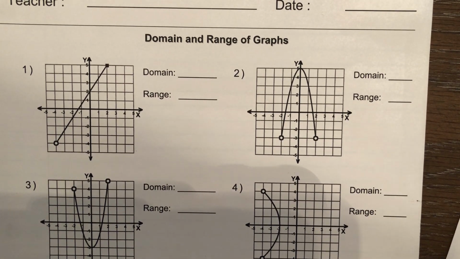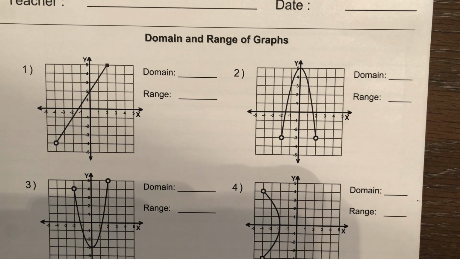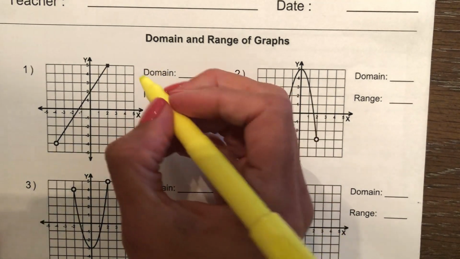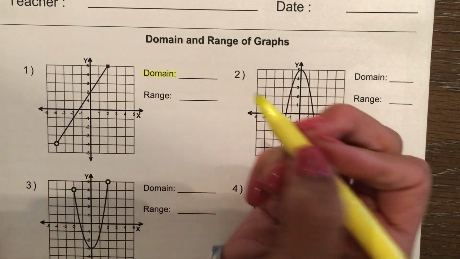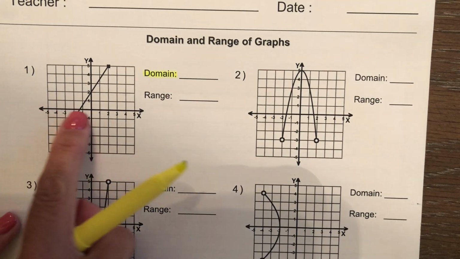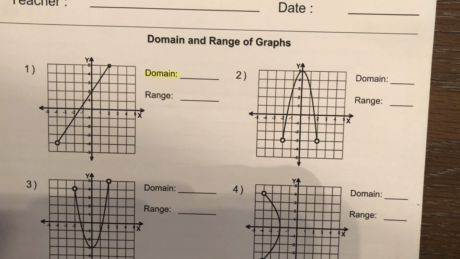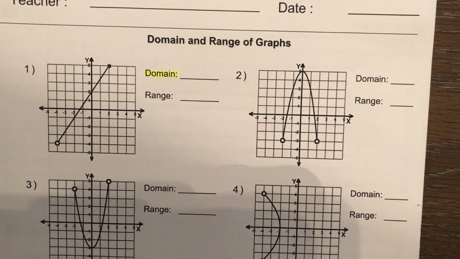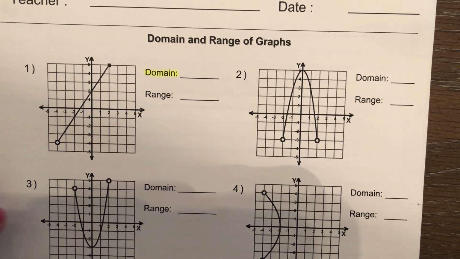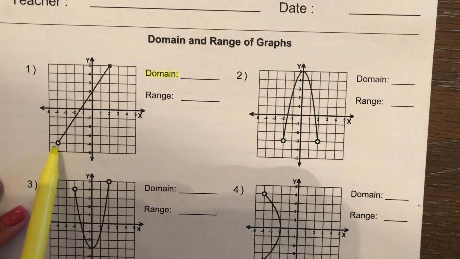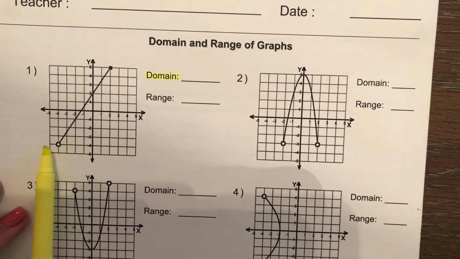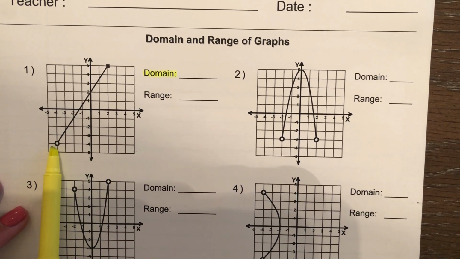So if I'm looking at a graph, I'm going to start with domain. Remember, domain is x values, so I'm looking at my x-axis. So I'm going to see where's the furthest x value, or the lowest x value, furthest to the left. The graph, if I keep going here, that's as far as it goes to the left.